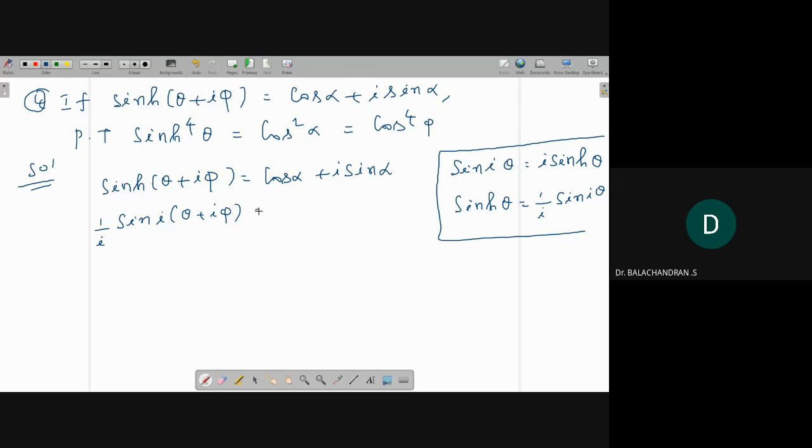The right hand side is same, cos alpha plus i sin alpha. Now 1 by i equal to minus i. So you can write sin i theta minus i square minus pi, that is equal to cos alpha plus i sin alpha.